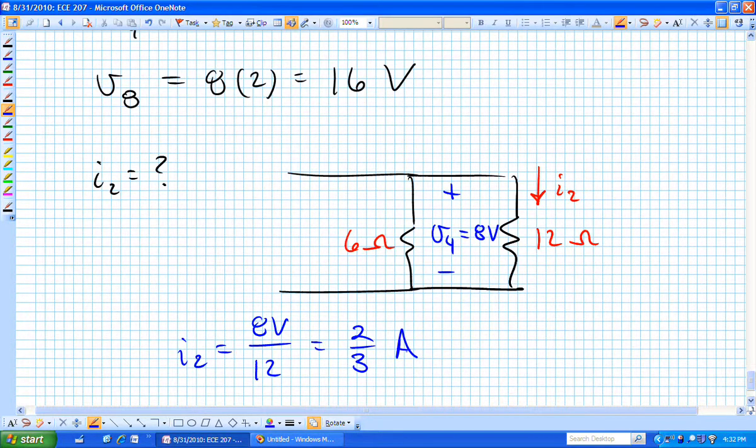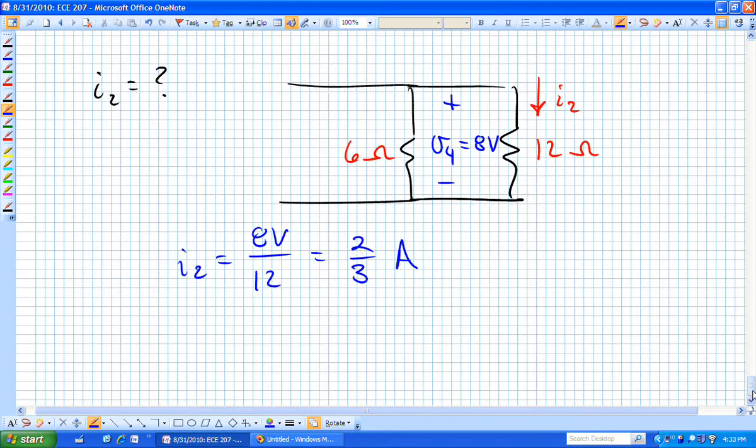So what would you guess is flowing through the 6 ohm resistor, although we were not asked for that? The rest of the current. Just like Paul Harvey and the rest of the story, here's the rest of the current. We started with 2. We got rid of 2/3 through the 12. And how much did we lose or have passed through the 6? 4/3.